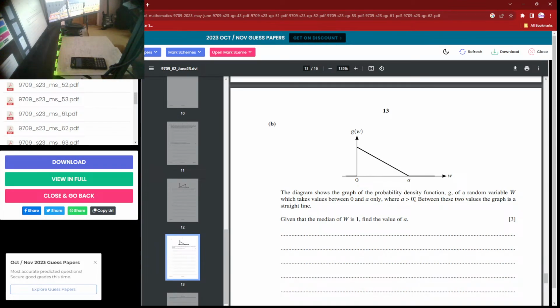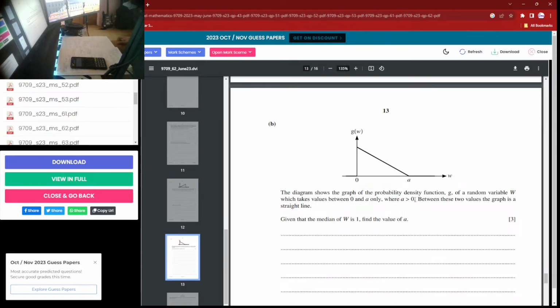No, we aren't. Okay, so from this we could actually just find that since the median of W is 1 to a.